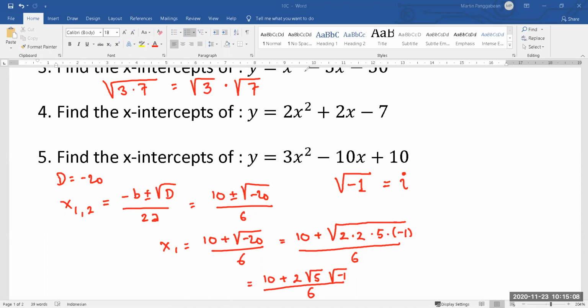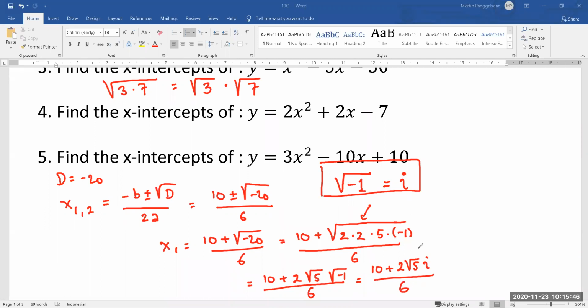So you can separate a square root as long as it is multiplication. Square root of 2 times square root of 2 is 2, so you leave the 2. Square root of 5 and square root of negative 1. The square root of negative 1 is i. So the statement will be 10 plus 2 square root of 5 i, over 6.